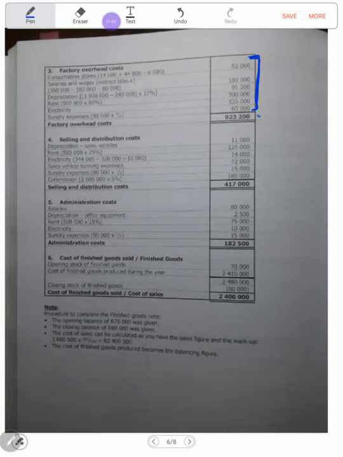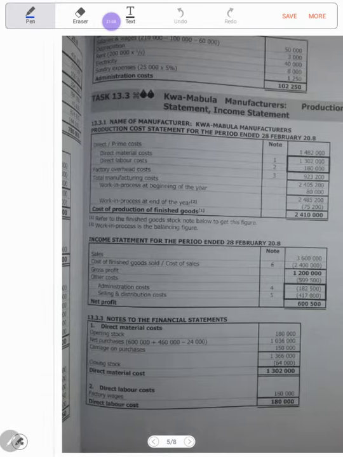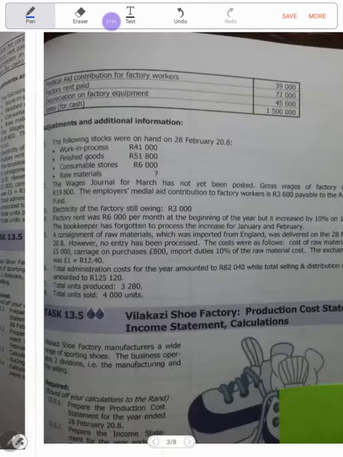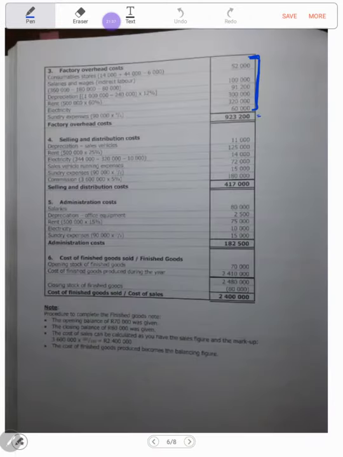Let us complete number 4, the selling and distribution costs. Where are we? Depreciation amounts to office equipment, and 11,000 to sales vehicles. So there the depreciation has been given to us, the 11,000 rand.